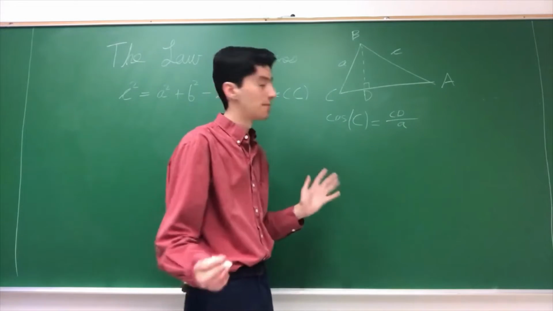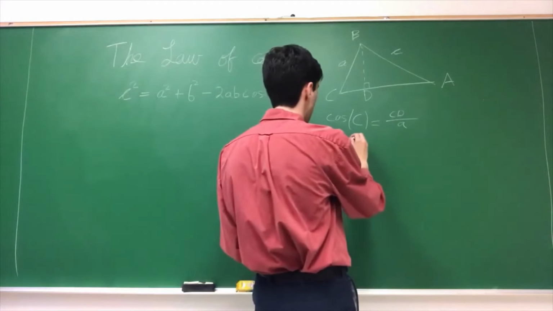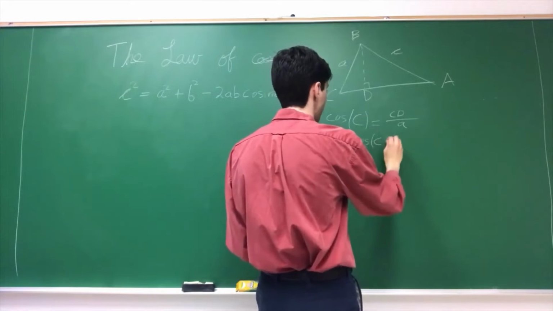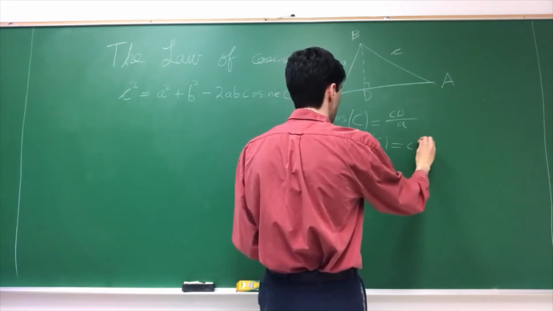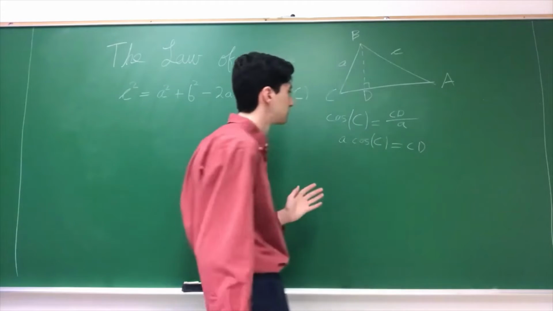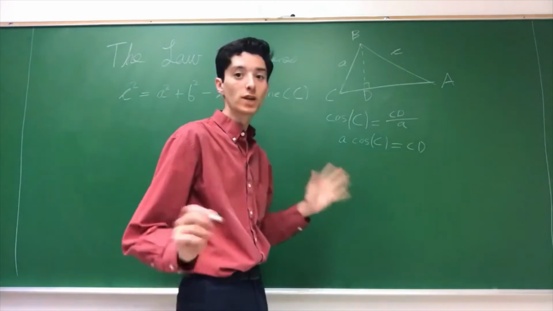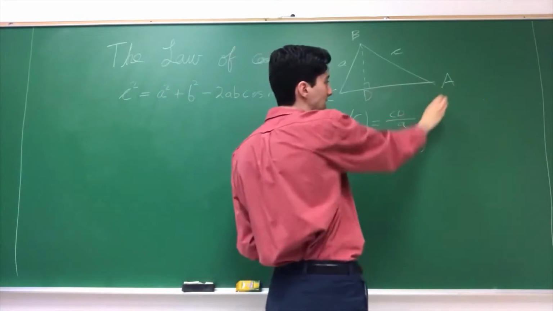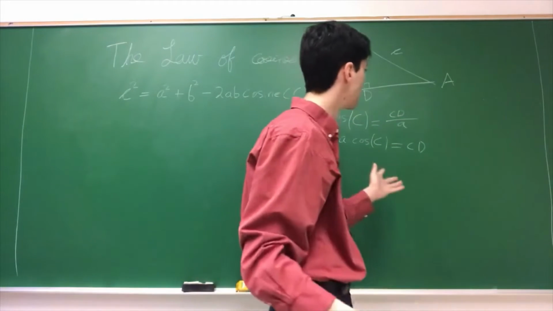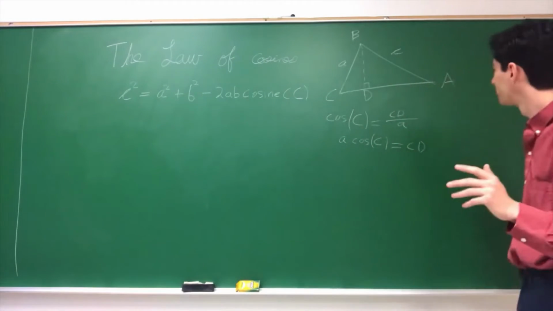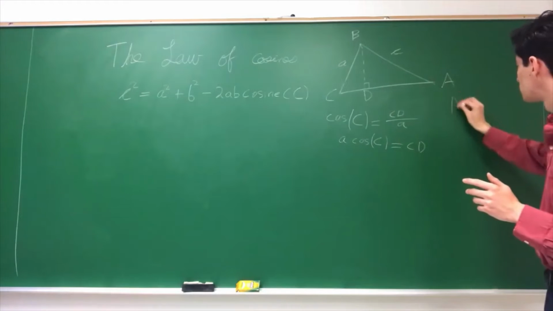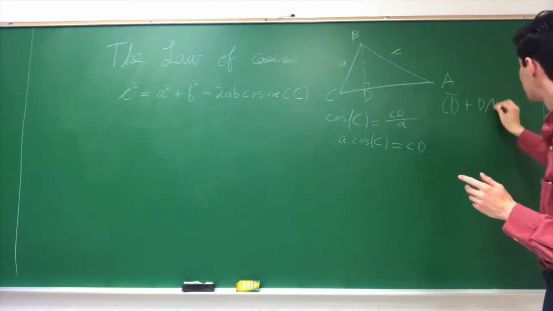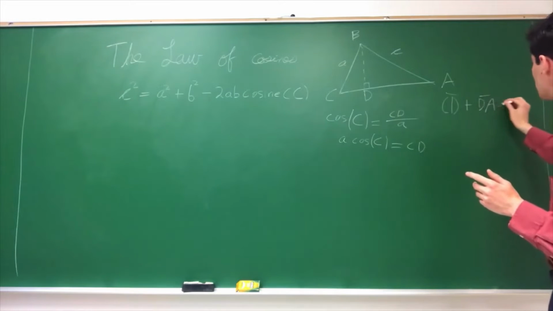Now we can multiply by a on both sides, so we have a times cosine of our capital C is equal to CD, right? However, we note that this segment CD plus our segment DA is equal to b, which we can demonstrate here. So we have CD plus DA is equal to b.